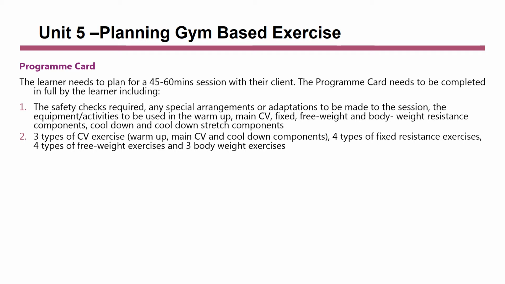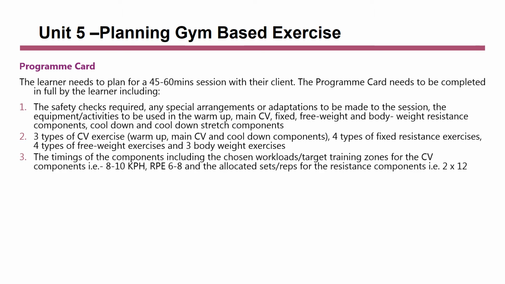The program card should include 3 types of CV exercise. That's 3 different modes of CV exercise, and these consist of the warm-up, the main CV and the cool-down components. Then 4 types of fixed resistance exercises, 4 types of free weight exercises and 3 types of body weight exercises.